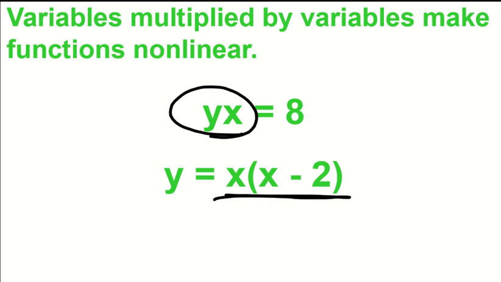So we would do x times x right there, and x times x, that's going to equal x squared, which is the exponent, that's why those are nonlinear, okay? But x times y or y times x, order doesn't matter. Variable times variable makes it nonlinear, okay?